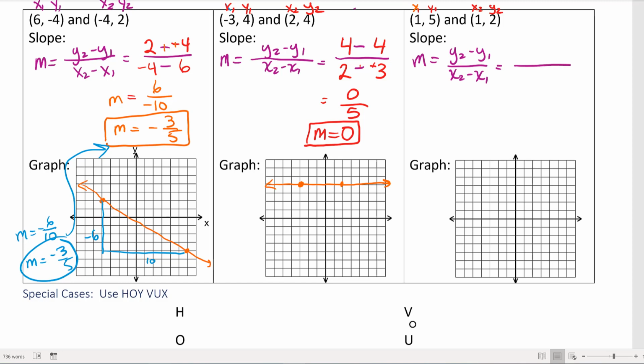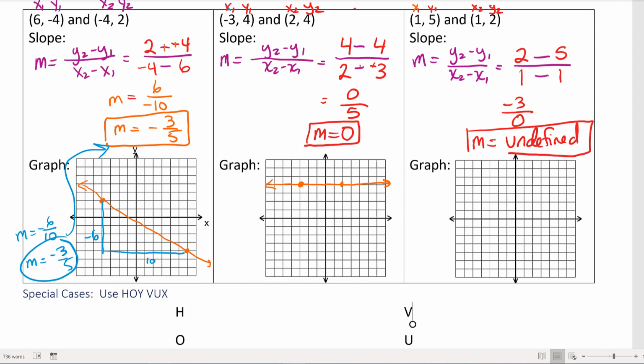So that gets me 2 minus, because there's a minus in the formula, and then y1, which is 5. In the denominator, I have x2, which is 1, minus x1, which is 1. So negative 3 in the numerator over 0, and anything divided by 0 is undefined. So this slope is undefined.